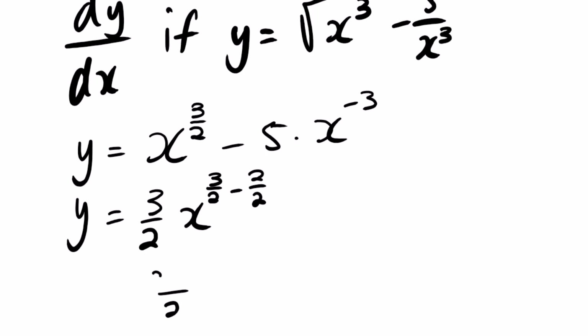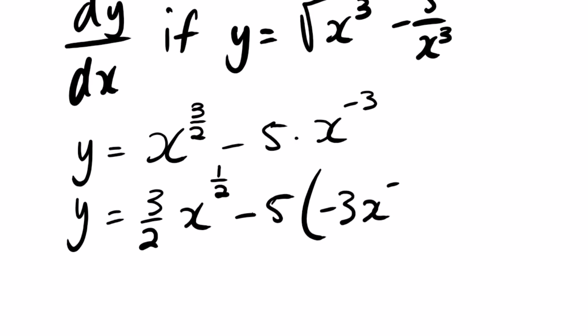So we have 3 over 2 minus 1, it's 1 over 2. Then we derive this, it's negative 3 x to the power negative 4.